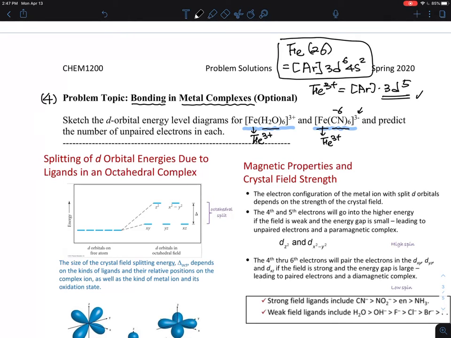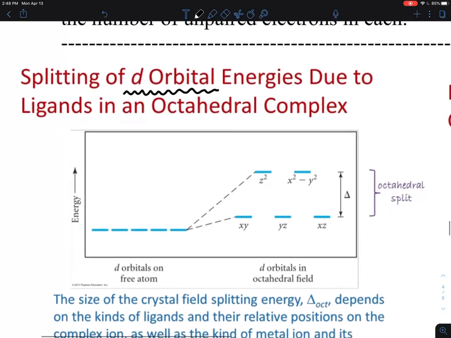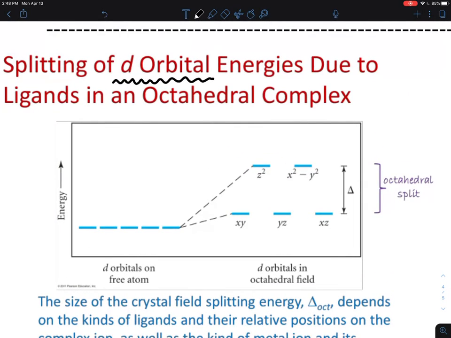So you have to understand the d orbitals. There are 5 d orbitals, shown here in the energy diagram.